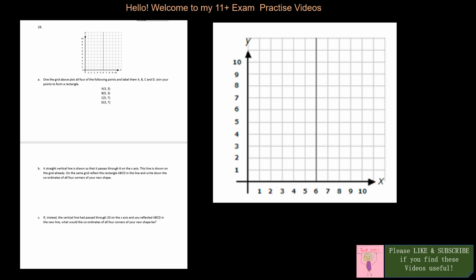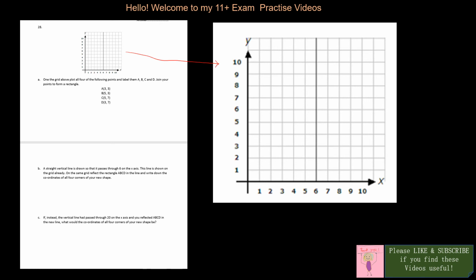Okay, so this one is saying that we have this grid. I have expanded this and put it here so that it's easier for me to do the drawings.